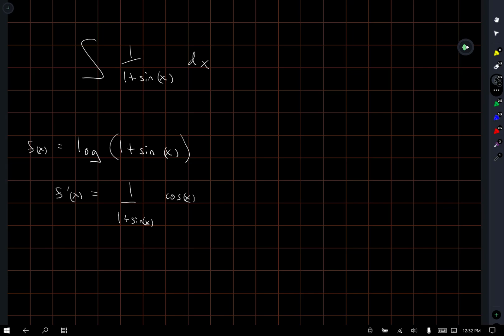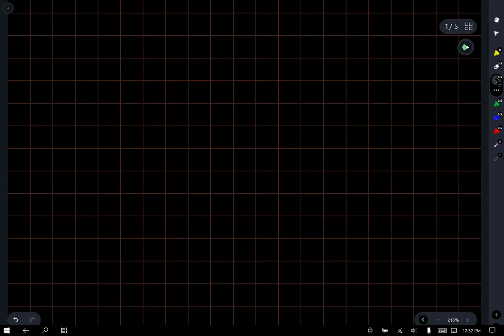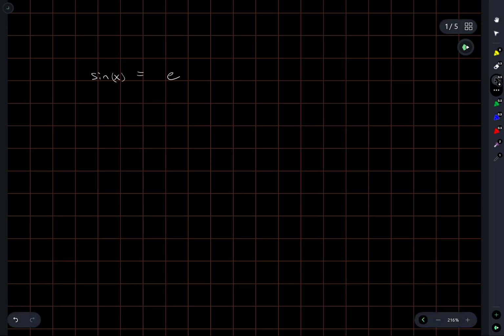What about if I replace sine with an exponential representation? There will be complex numbers involved, and then do some factoring in the denominator. Sine x is equal to e to the ix minus e to the minus ix over 2.